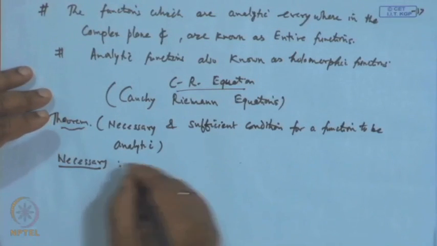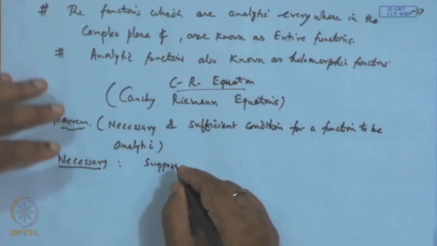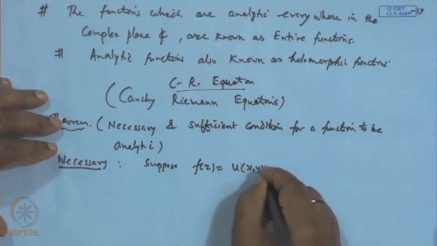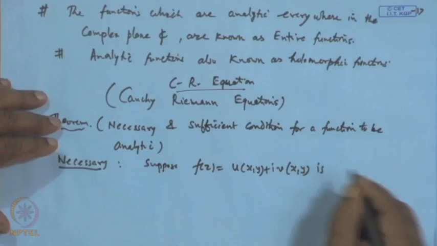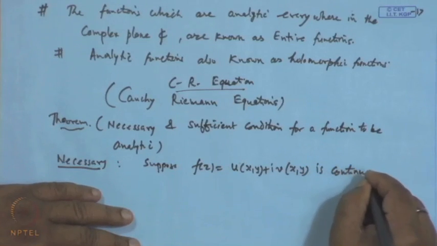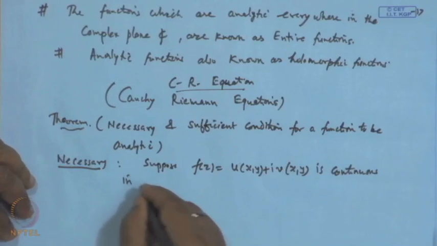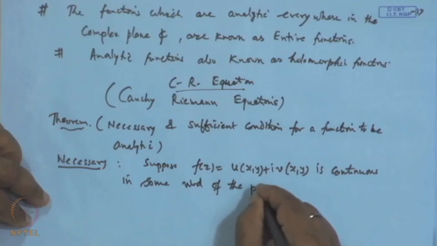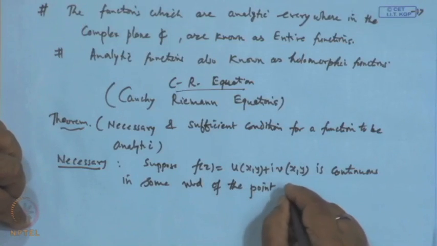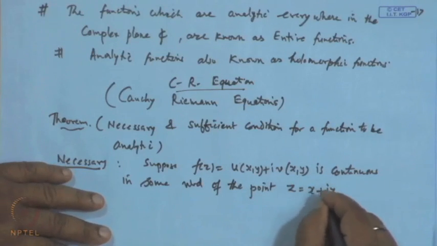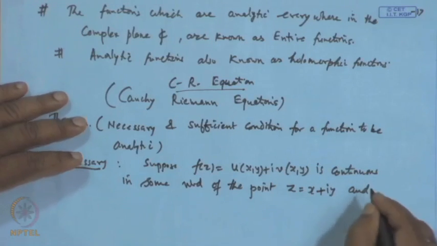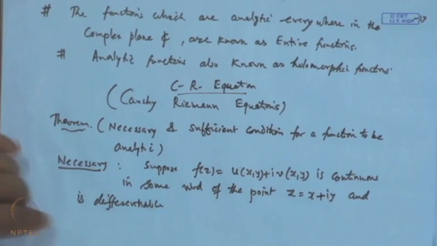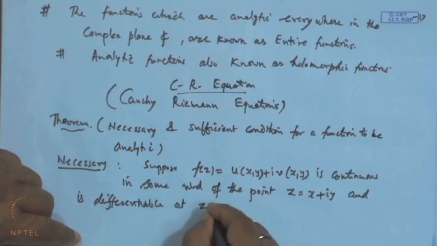Suppose the function f(z) = u(x,y) + i v(x,y) is continuous in some neighborhood of the point z = x + iy, and is differentiable at the point z, the same point.